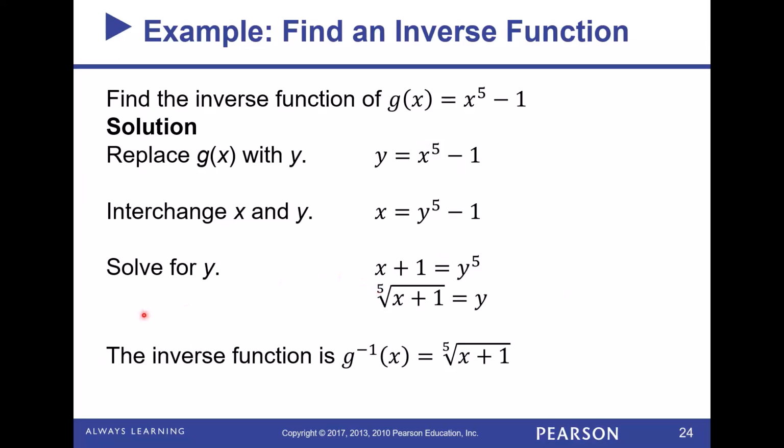So remind yourself that if I have a root, its opposite is its power, and the power's opposite is its root. So they kind of undo each other, and that's why we end up with a 5th root here. But remember, when you take a 5th root, if it's a power of 5 here, it's the 5th root of the entire other side. Okay, so keep that in mind when we look at these.